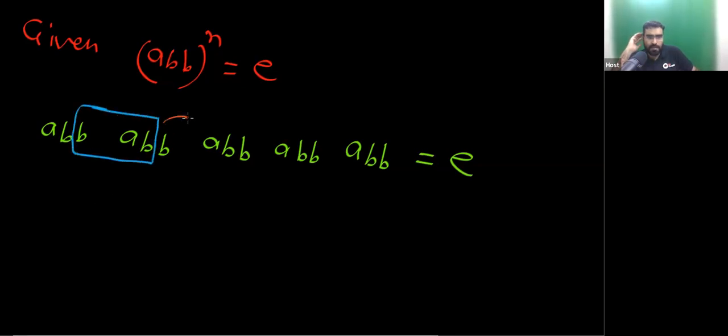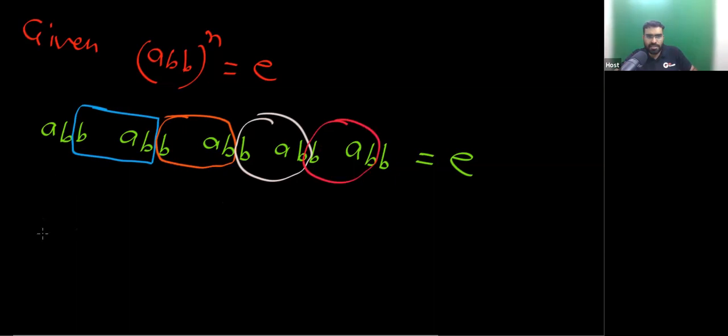I am getting BAB 4 times, right? So what I'm getting is AB, then BAB 4 times, and then B.